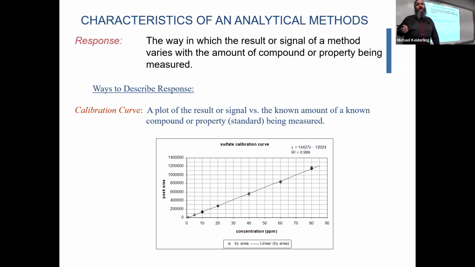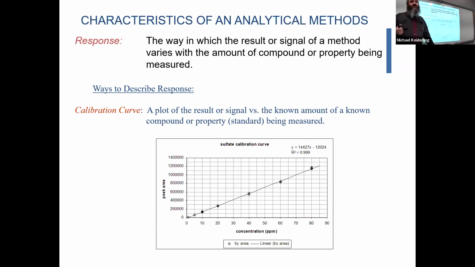So the response is the way in which the result or signal of a method varies with the amount of compound being measured. And you can describe the response with something like a calibration curve. You can measure a bunch of known concentrations and fit that to a curve.